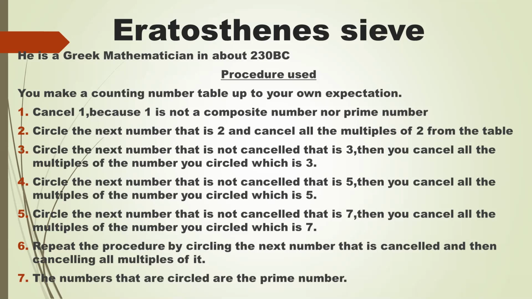So if you want to find the prime numbers from 1 to 10, or 1 to 50, you list them, and this method can help you identify the prime numbers. Are you okay? Good. Let's go back and work practically to see whether you have really understood this procedure.